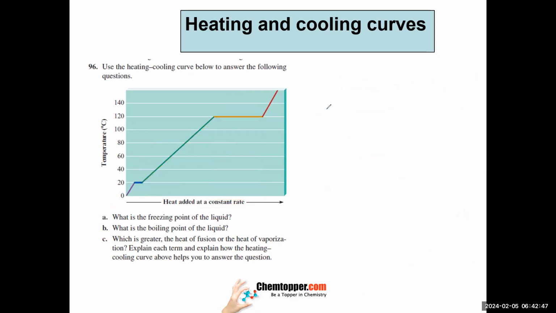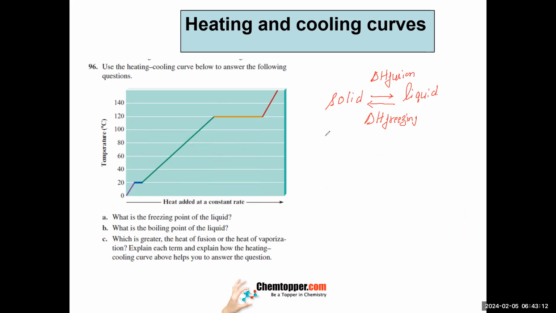Okay, solid to liquid. What is this process called? Delta H of fusion. The heat needed to melt them. And liquid to solid, what is it called? Delta H of freezing.